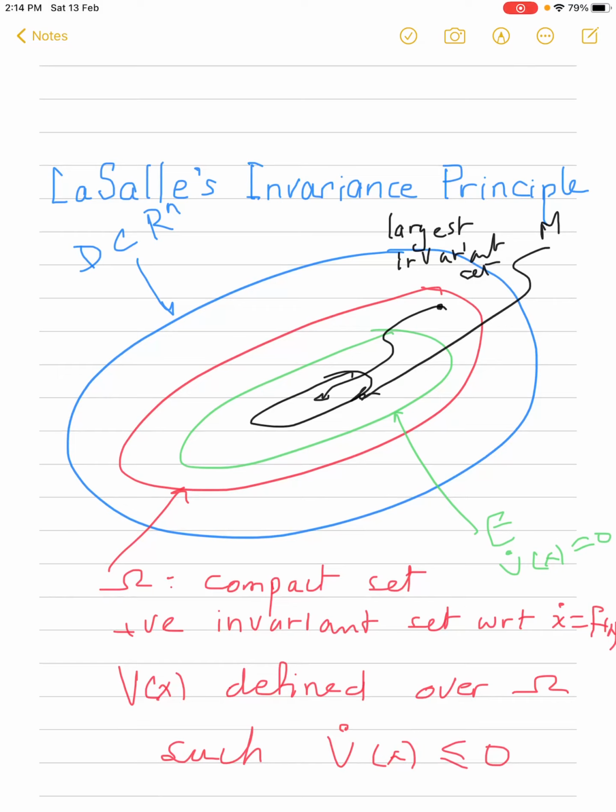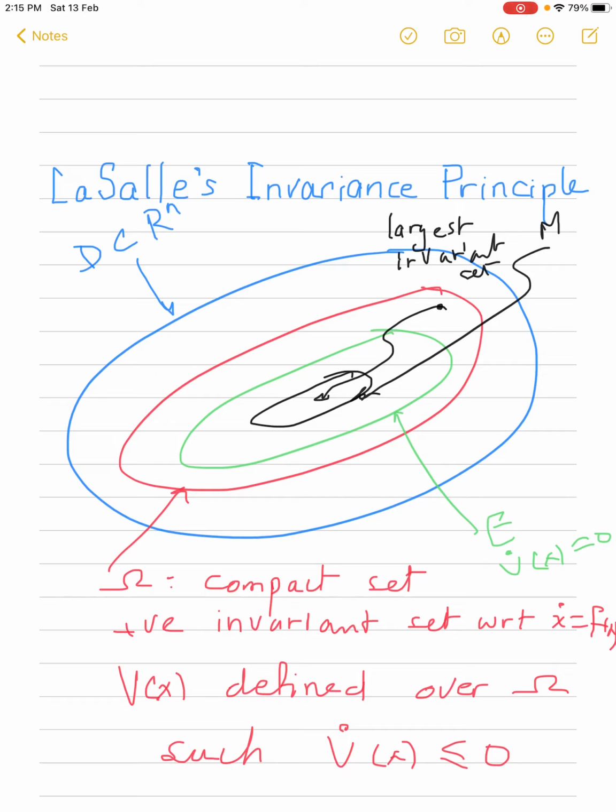In order to show that the trajectory of the system will converge to 0 as time goes to infinity, we need to prove that the largest invariant set in E is the origin. So this is usually done by showing that no solution can stay identically in the region E except at the origin.